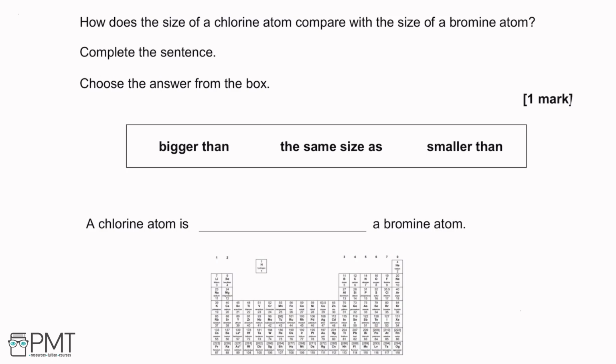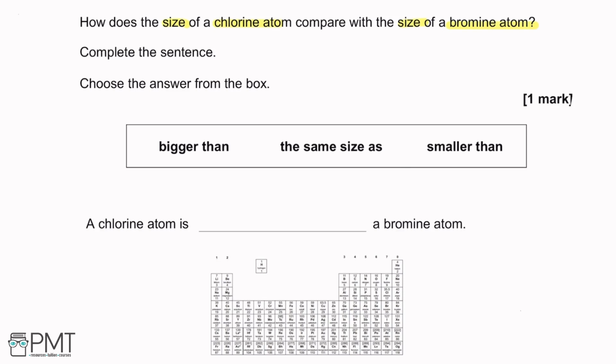The next question asks, how does the size of a chlorine atom compare with the size of a bromine atom? We need to complete the sentence. So the sentence says, a chlorine atom is what a bromine atom. So is it bigger than, the same size as, or smaller than? To understand this, we're just going to look at the periodic table.